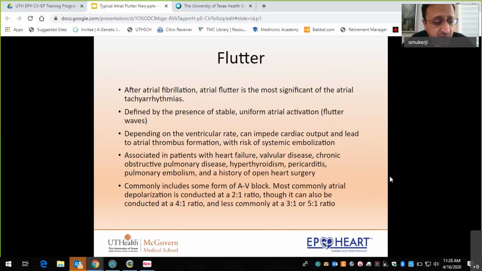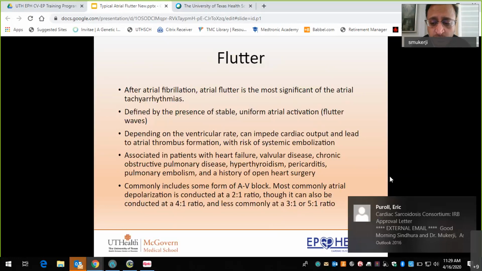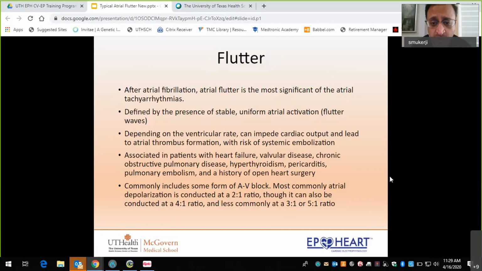But what we were taught was if the rhythm or the rate was between 100 and 200 beats a minute, call it atrial tachycardia. If it is between 200 and 400 beats a minute, call it atrial flutter. And anything above 400, call it atrial fibrillation, of course. The ablations that we do with all the medications we use, this definition does not hold water at all.